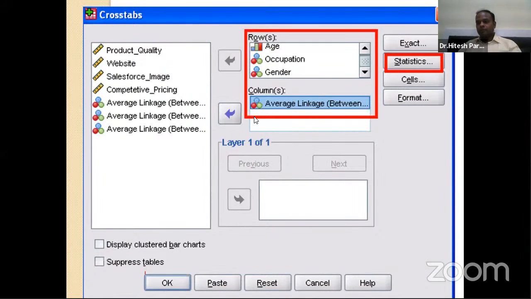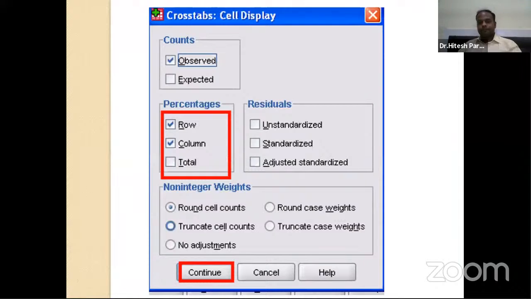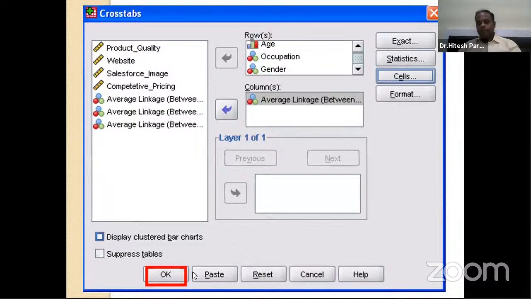Click on statistics. You can tick row percentage, column percentage, and continue. Row percentage and column percentage. Continue and OK.